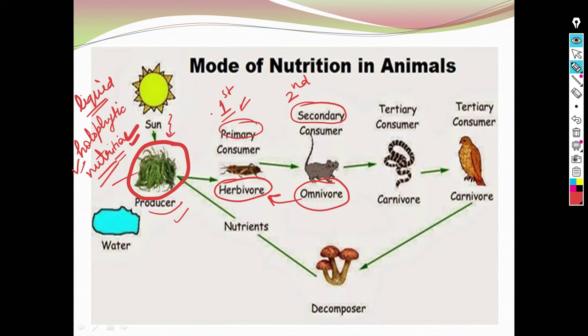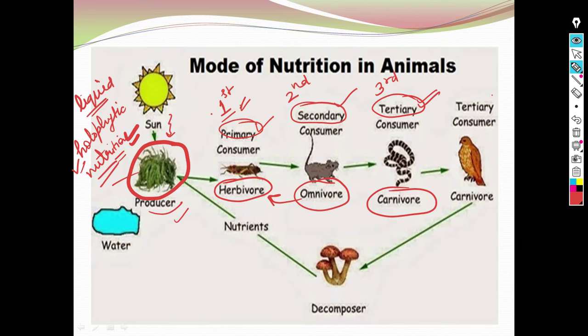Then other carnivores who are eating those animals at the second level will be called third or tertiary consumers. So primary, secondary, tertiary are just numbers, like their ranking. First rank, second rank or third rank.